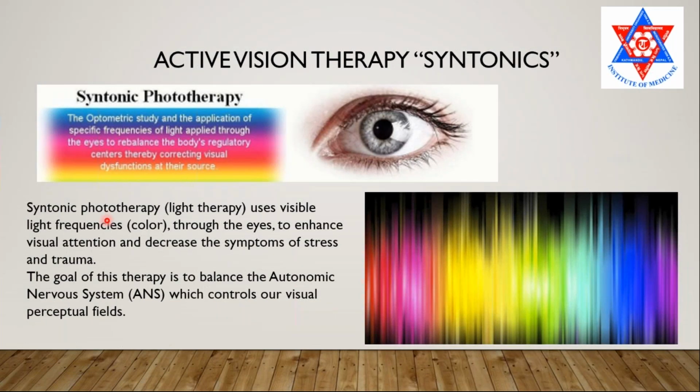Syntonic phototherapy uses visible light frequencies, colors, through the eyes to enhance visual attention and decrease the symptoms of stress and trauma. The goal of therapy is to balance the autonomic nervous system, acting especially at the pupillary level, which controls our visual perceptual fields.